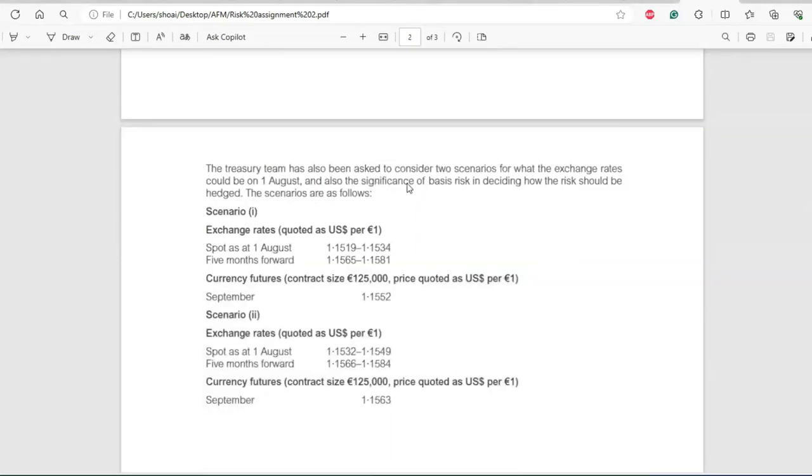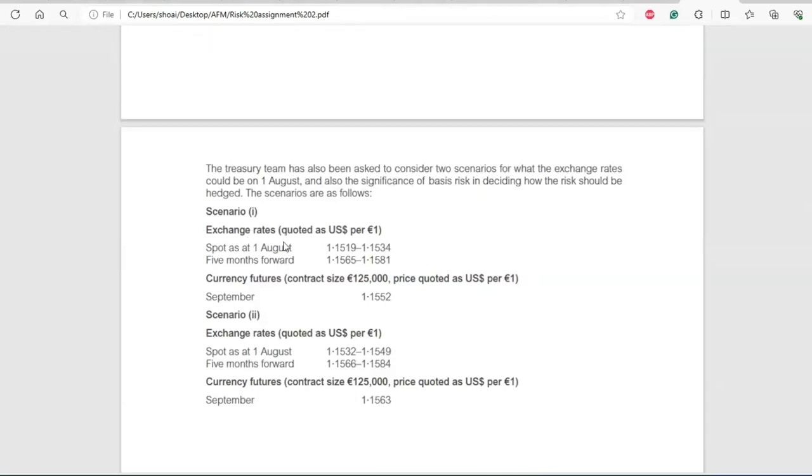The trading team has also been asked to consider two scenarios for what the exchange rates could be on 1st August. Also the significance of basis risk. This question is all about the basis risk. Scenario 1 exchange rate is this, spot on 1st August. Spot on 1st August is this, 5 months forward is this. This is not a current 5-month forward. This is the 5-month forward which is available on 1st August.